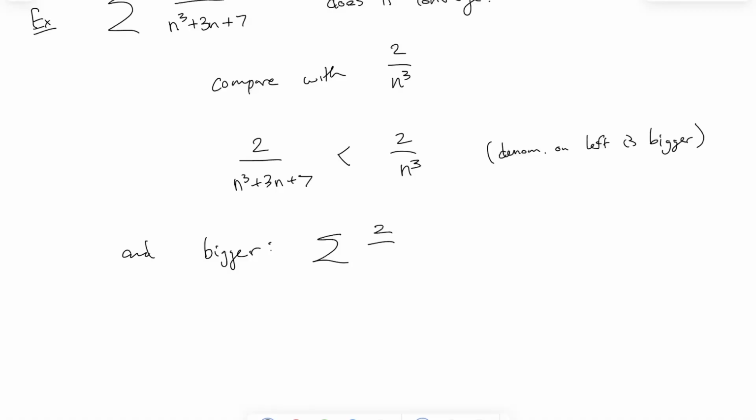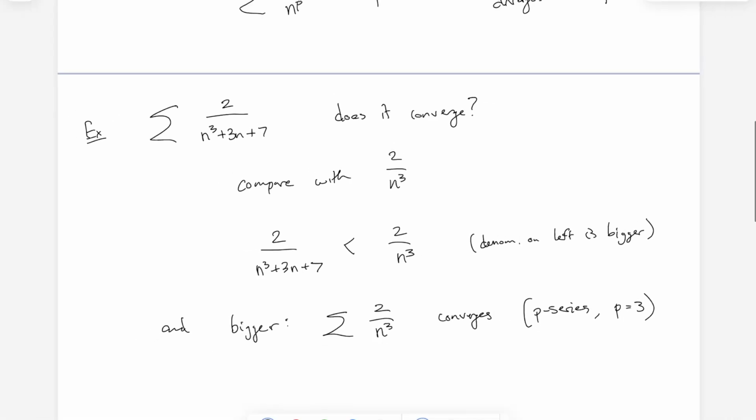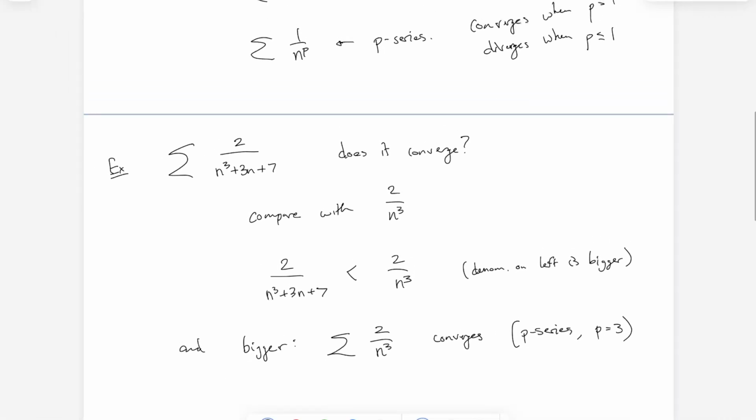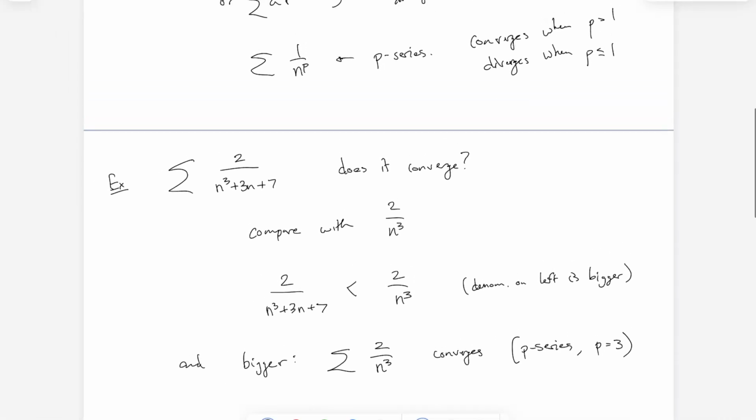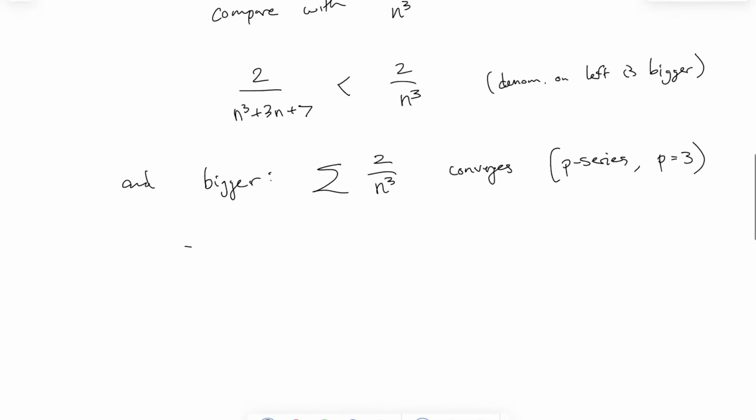Okay, so I have my smaller and my bigger, and we know the bigger, that is to say the series 2 over n cubed, converges because it's a p series, p equals 3. I hope everybody has this basic fact memorized, which you can see at the top there. When it's a p series, it converges when p is greater than 1, and this is an example where p is 3. So that one does converge. So the bigger converges.